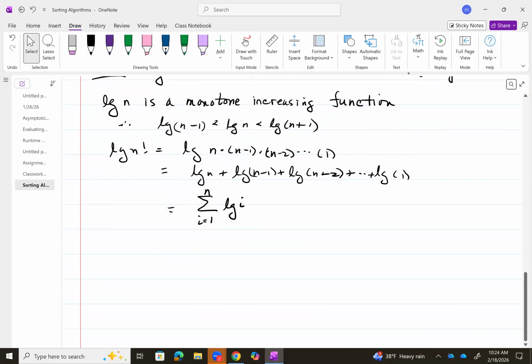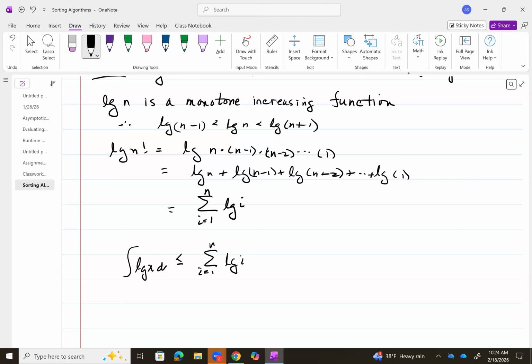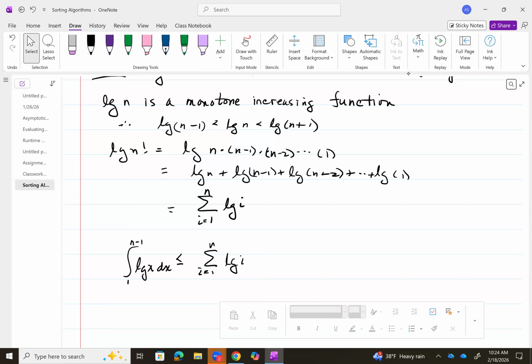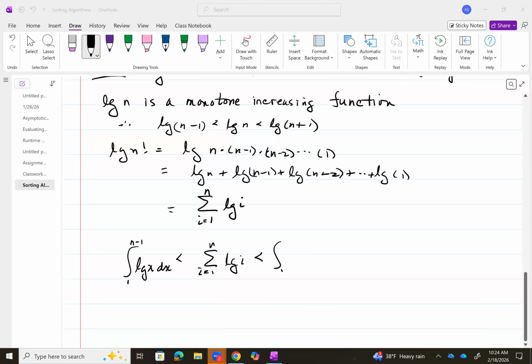Okay, now here's some more calculus. I can say the sum of log of i from i equals 1 to n is going to be greater than or equal to the integral of log of x dx from 1 to n minus 1. And it's going to be less than the integral of log of x dx from 1 to n.